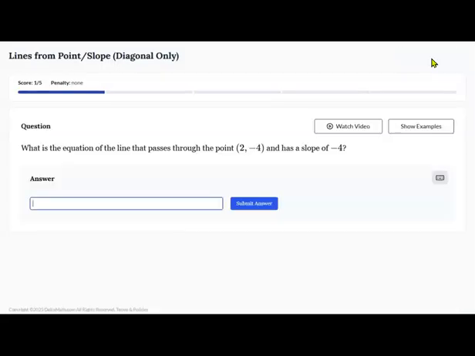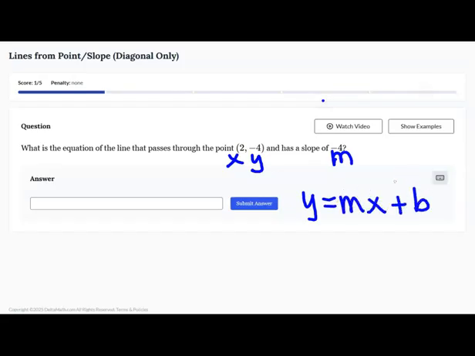Let's do this one more time. Again, we know an x, we know a y, we know an m. So in our equation y equals mx plus b, we're going to erase the y, and we're going to replace it with the y value, which is -4.